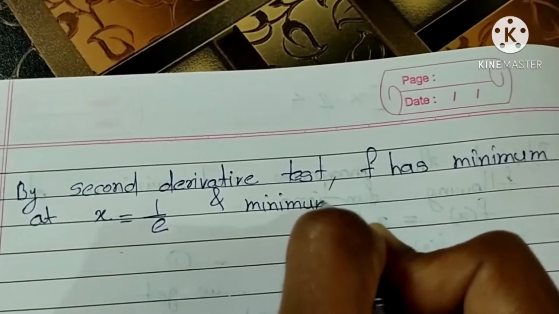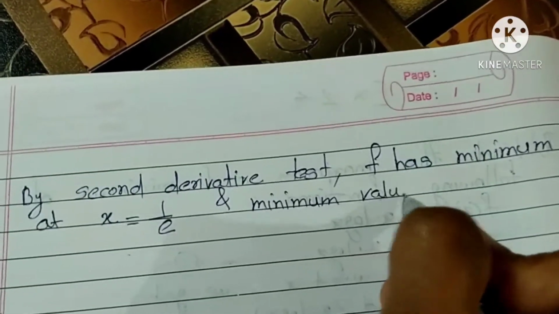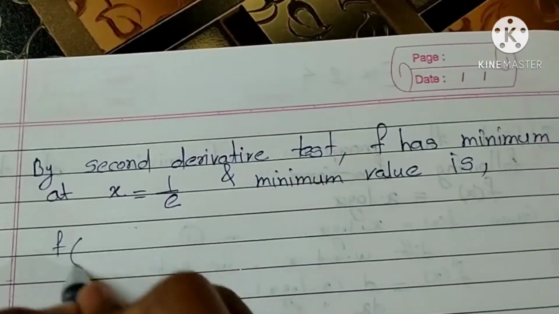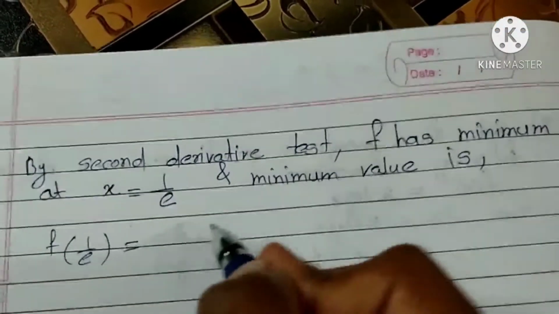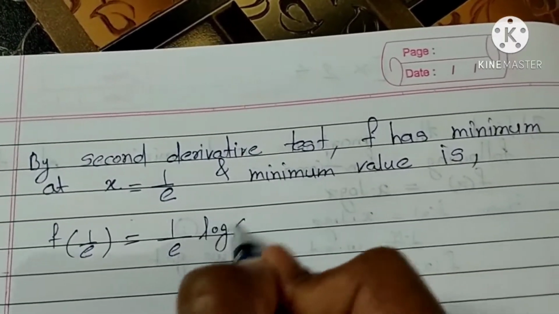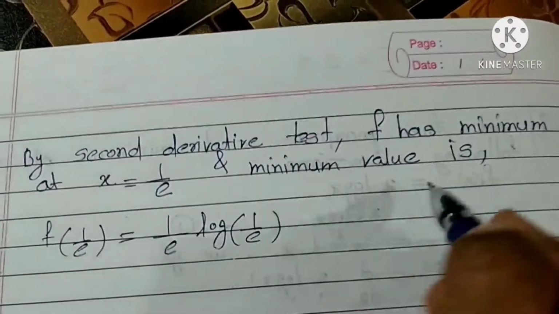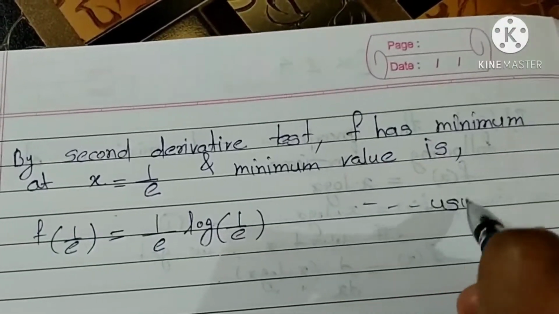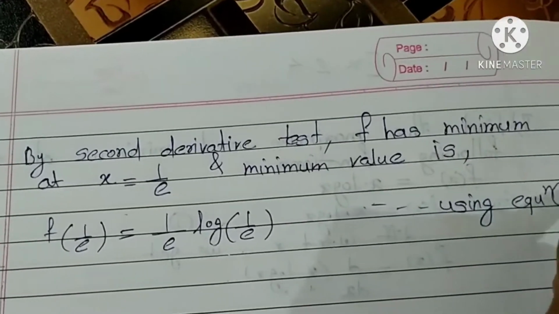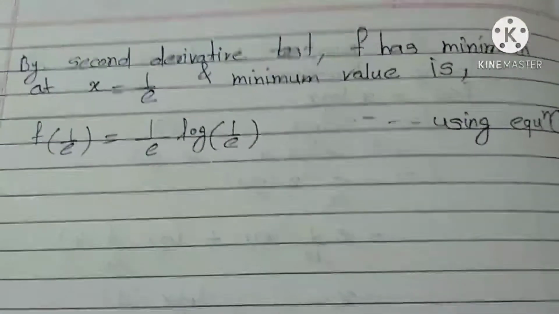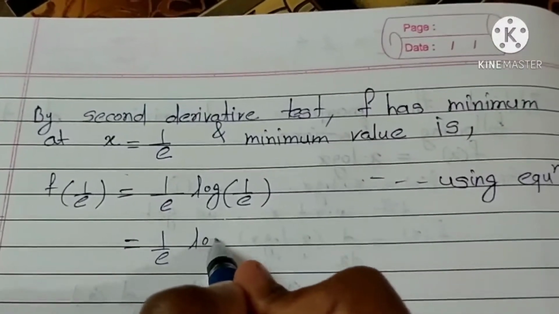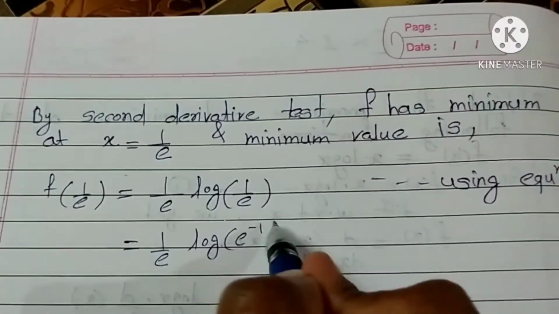And the minimum value is, so here f of 1 upon e is equal to x into log x, so put 1 upon e into log 1 upon e. Okay, we use equation first. Now this is 1 upon e, so write it as log e raised to minus 1.